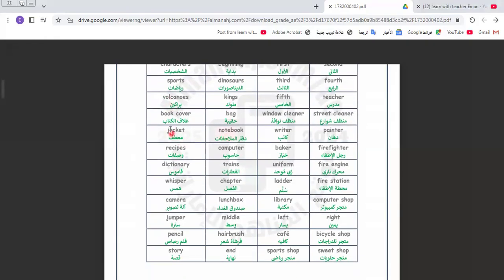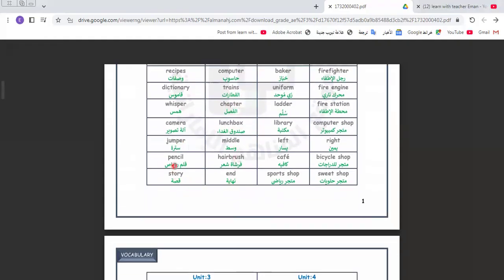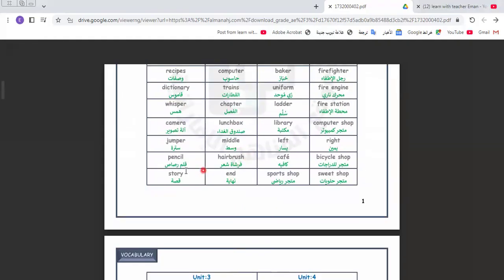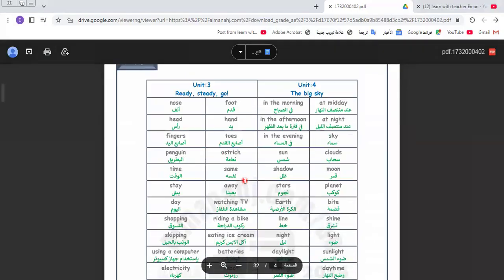Volcanoes, kings, book cover, bag, jacket, notebook, receipts, computer, dictionary, trains, whisper, chapter, camera, lunchbox, jumper, middle, pencil. We have here hairbrush, story, and end. This is the vocab of unit 1.